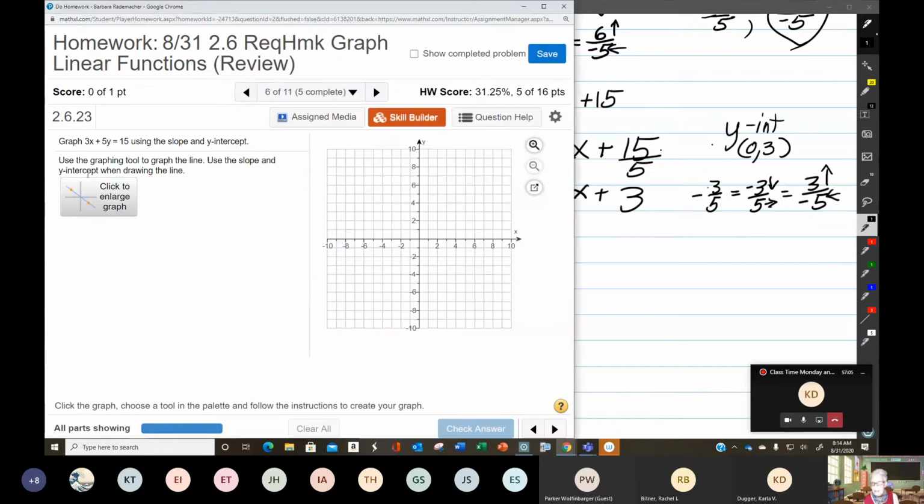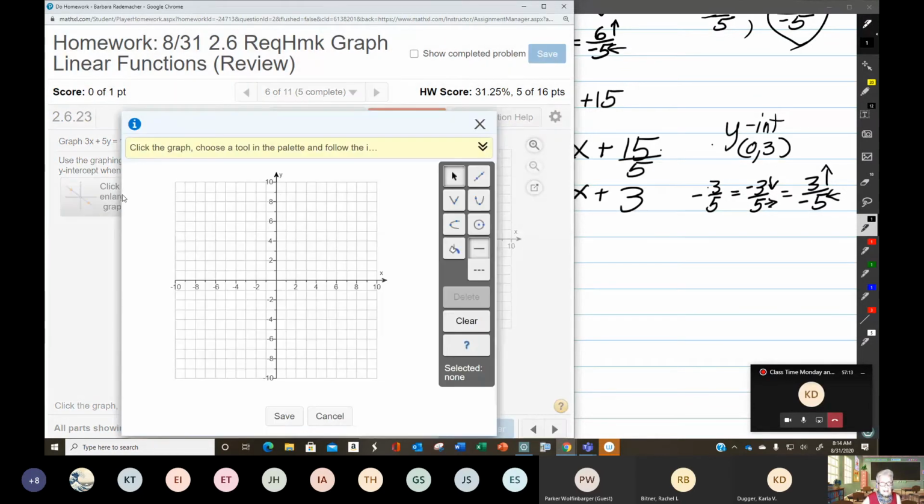Okay, and now I'm going to graph it using my roadmap. So click, and it's a straight line. And I'm going to go to the y-intercept 3. Let's see, 1, 2, 3. And then I have to plot the second point. I am going to go down 3 and to the right 5.